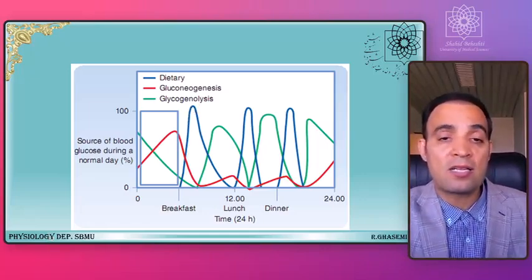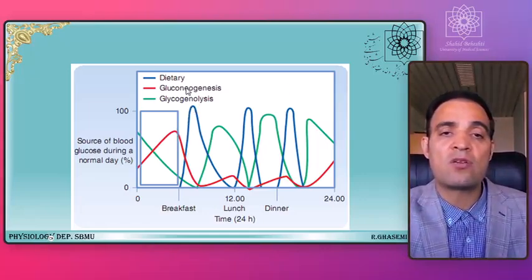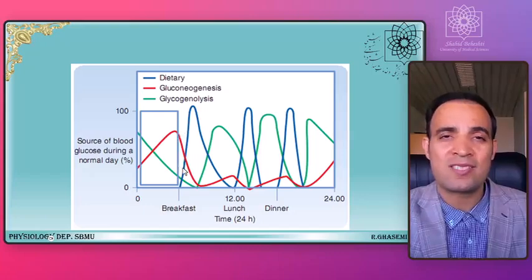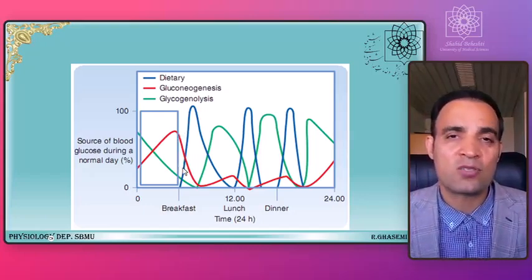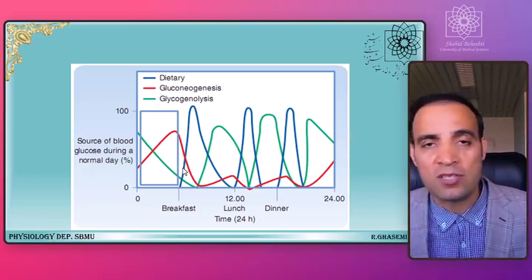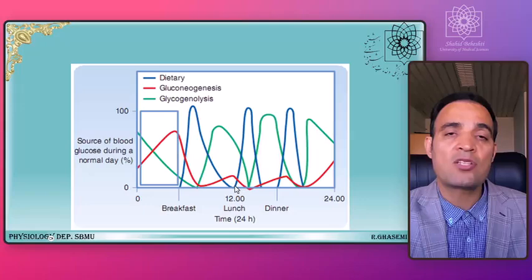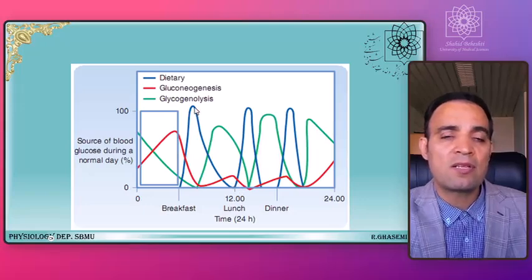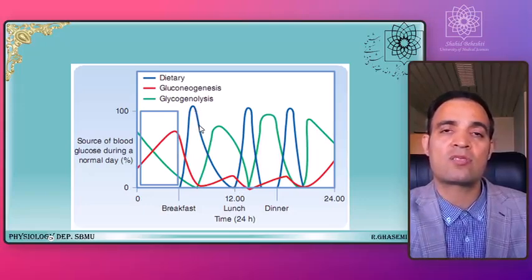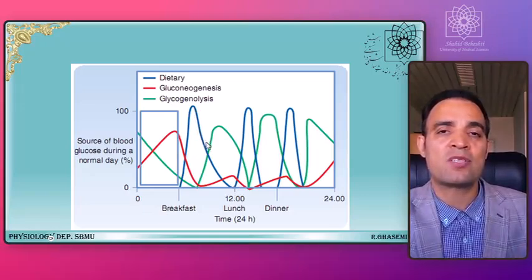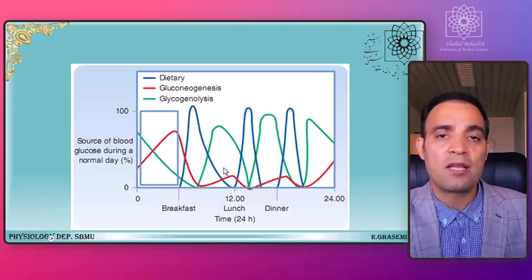But over time, on the other hand, the role of gluconeogenesis and glycogenolysis, the release of glucose from other sources and storage forms, will decrease. But from breakfast to lunchtime, you can see that gradually the glucose that is absorbed from the GI system is decreasing. What will happen then?